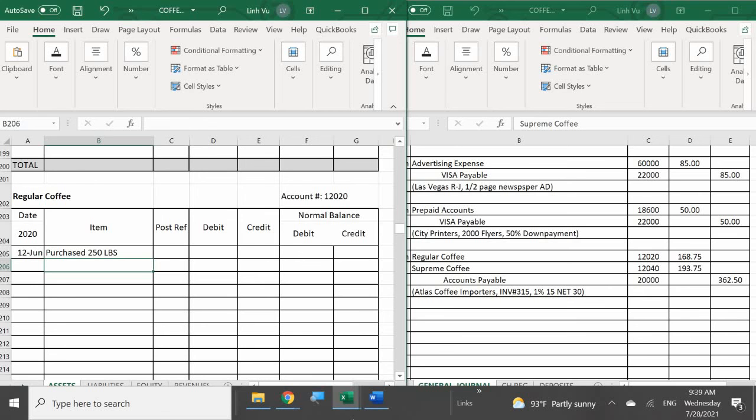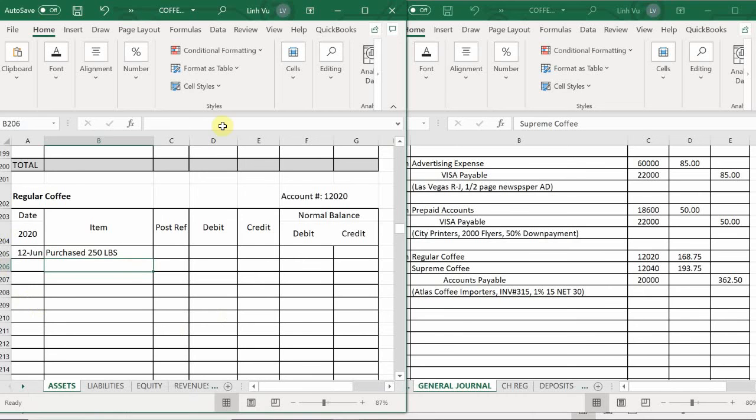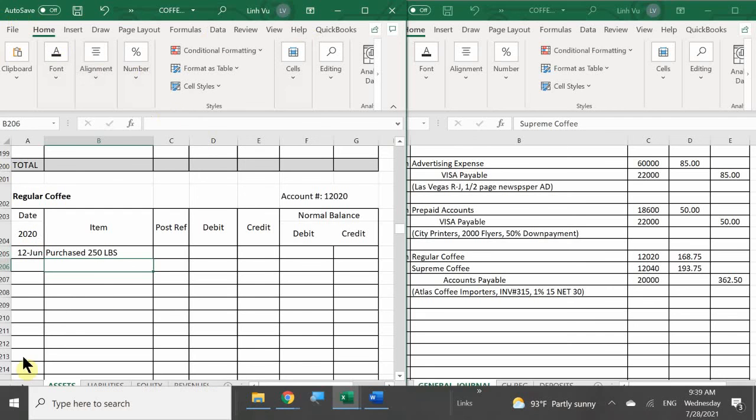Now post reference, once again, this is general journal number 4, and we're increasing my account by $168.75. That means my beginning balance is going to be $168.75.